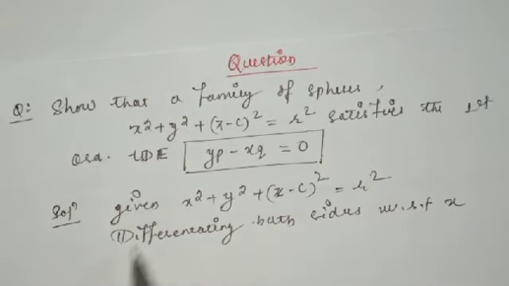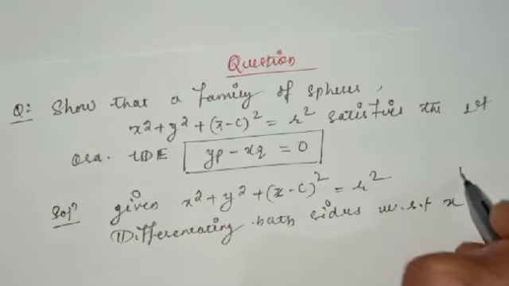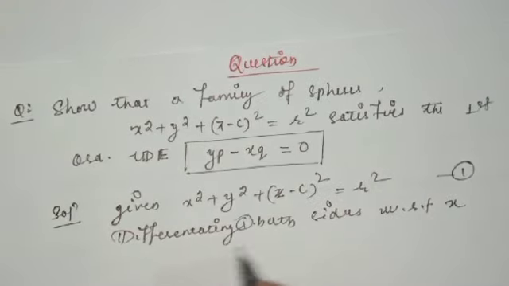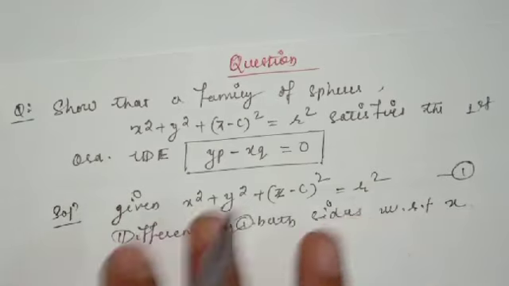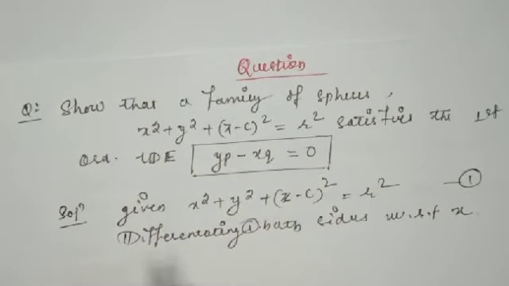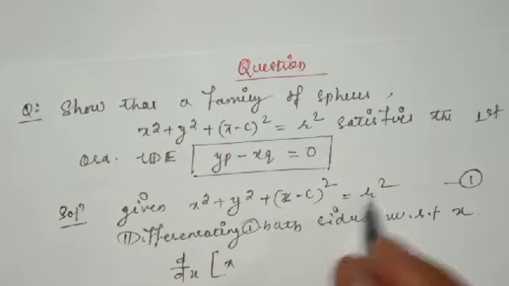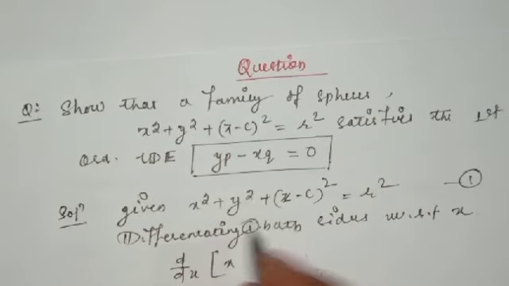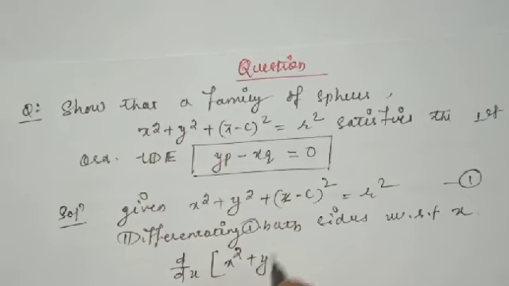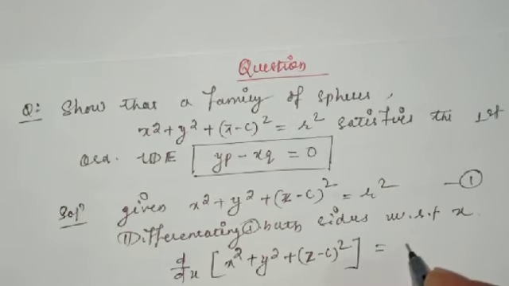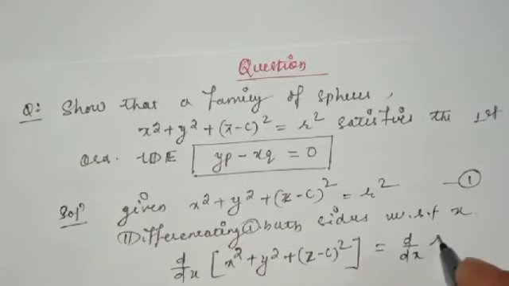Differentiating this equation 1 on both sides with respect to x, it will be d by dx of the left side, x square plus y square plus (z minus c) whole square, is equal to d by dx of r square.